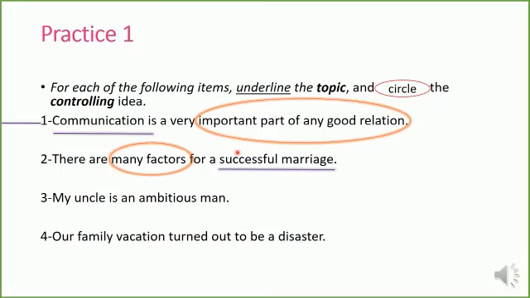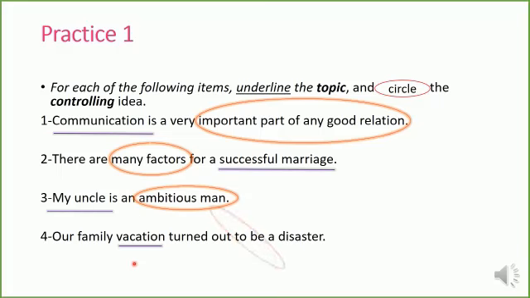Number 3, my uncle is an ambitious man. Yes, here the topic is about my uncle. I'm going to talk about my uncle, how he is an ambitious man. Number 4, our family vacation turned out to be a disaster.